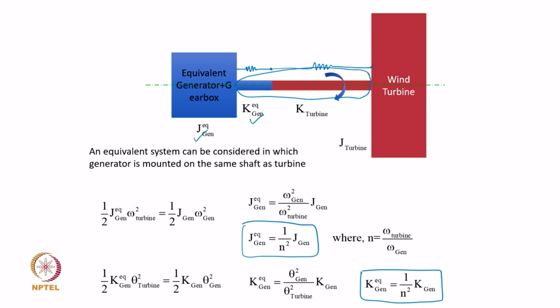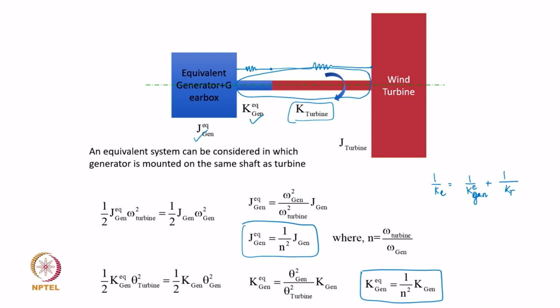So, it is possible to find the equivalent stiffness in this particular case. 1 over K E is going to be equal to 1 over K generator equivalent stiffness plus 1 over K turbine. You can find this because the dimensions and the lengths are given, and you can assume a shear modulus maybe 80 gigapascal or so, assuming a steel shaft.